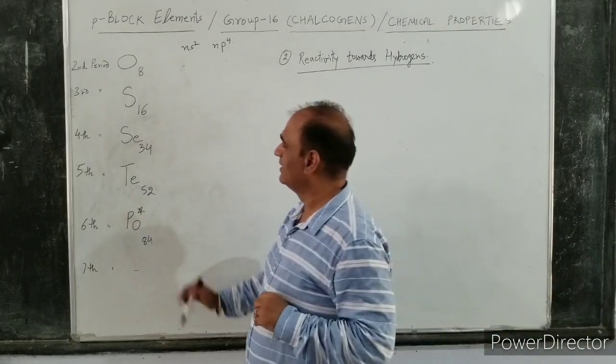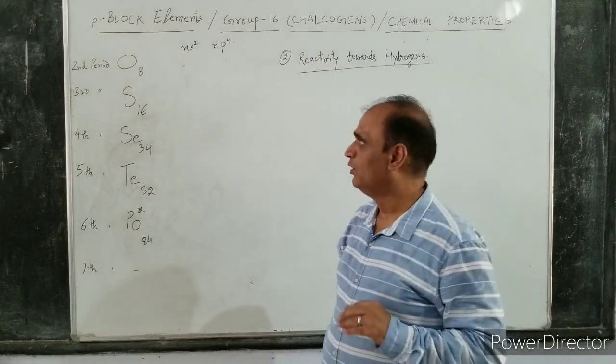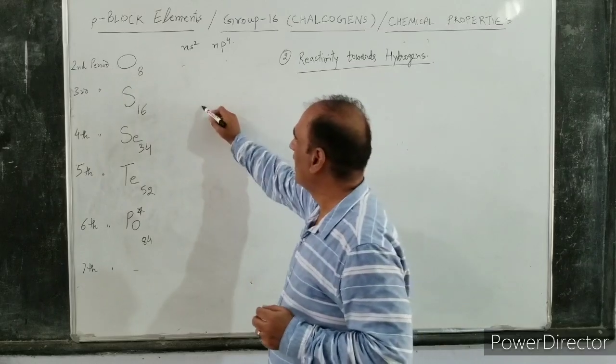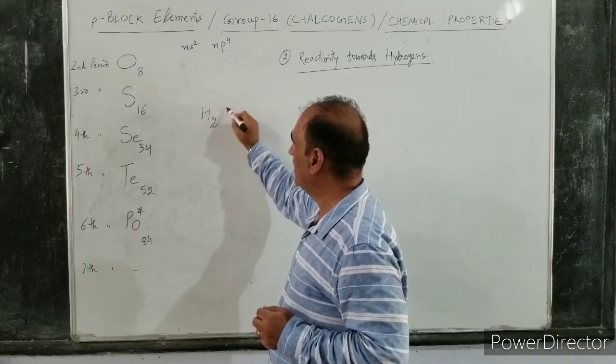All these elements combine with hydrogen to form hydrides having the formula H2E.